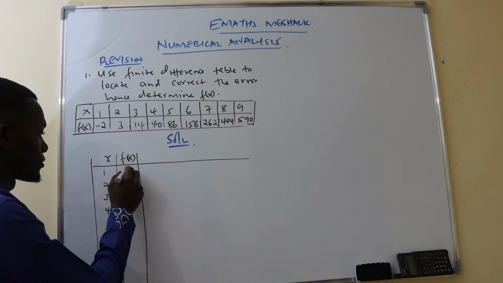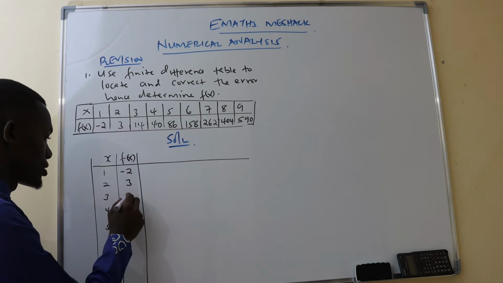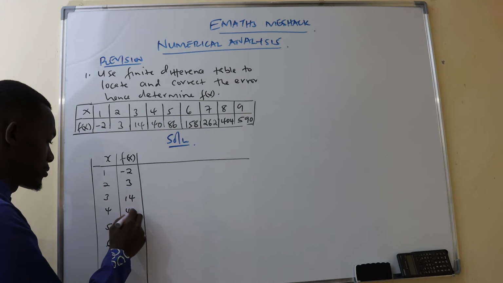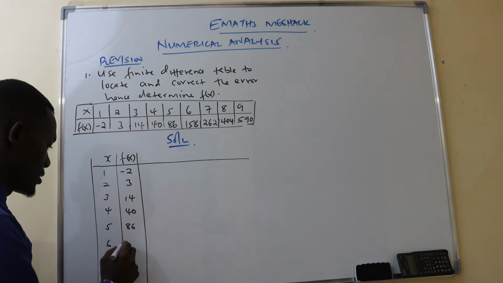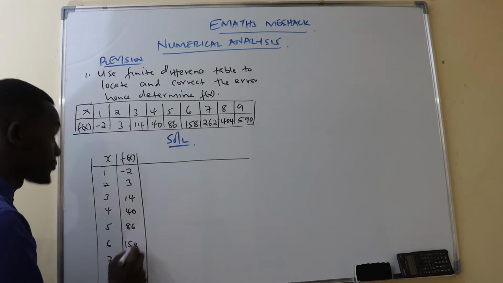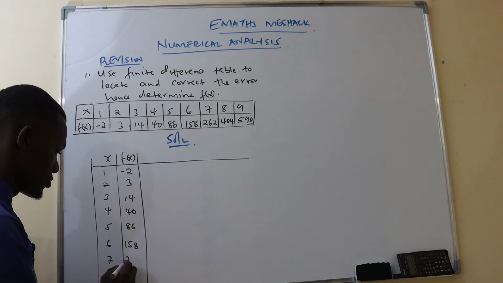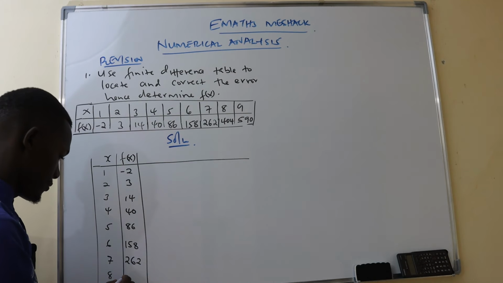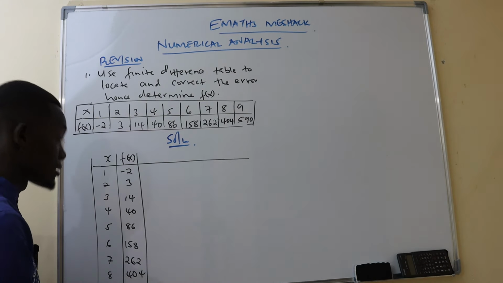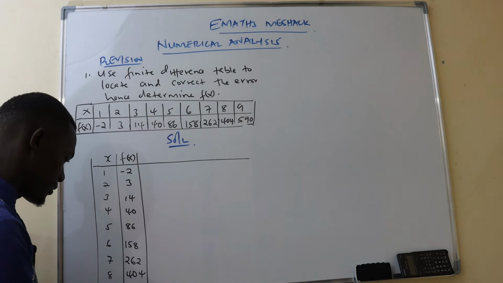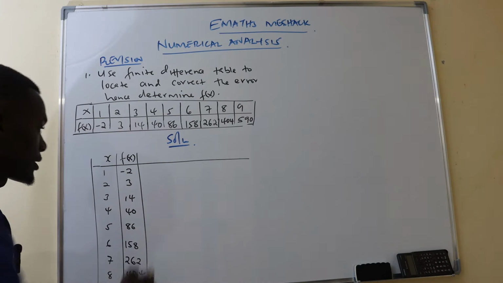Now our values are -2, 3, 14, 40, 86, 158, 262, 404, and lastly 590.